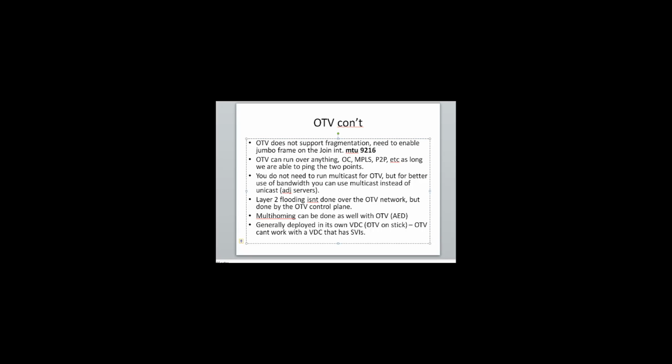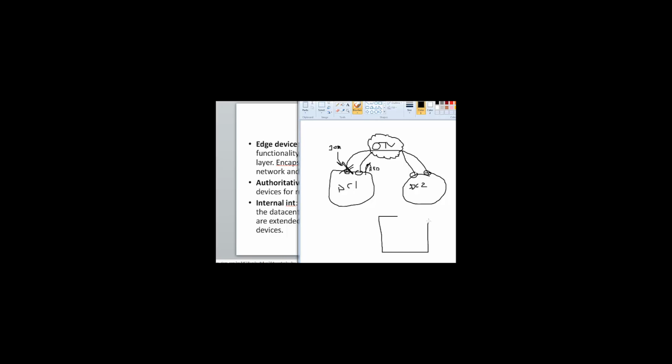So for that reason, generally when you make OTV on a 7K, you're going to create its own VDC, have its own VRF for that traffic, and when you actually create the OTV, you would have your internal interfaces. I'm getting ahead of myself a little bit. Let's say I have a VDC, and say this is an M card, this is an F card, and this is a 6.2 release.